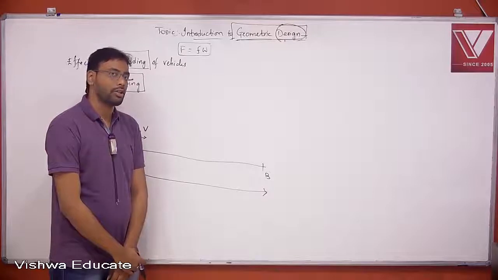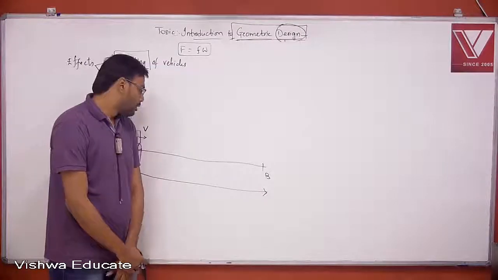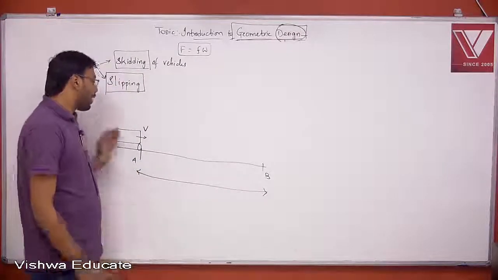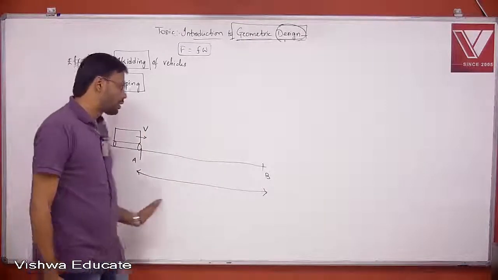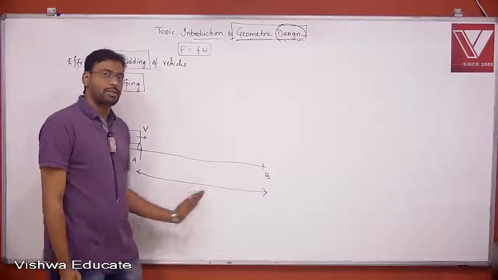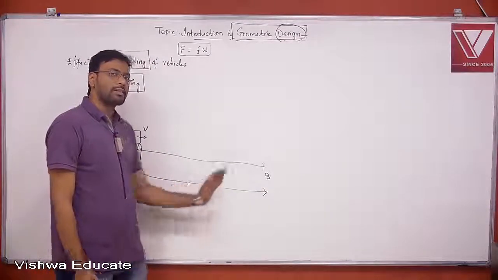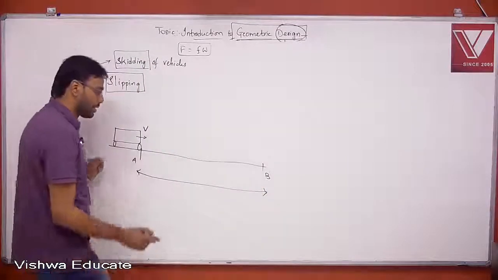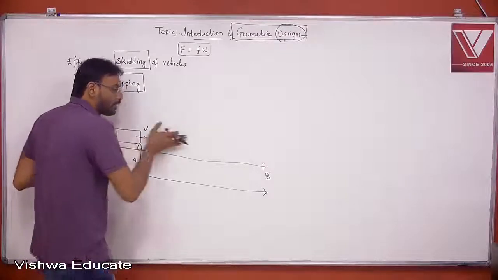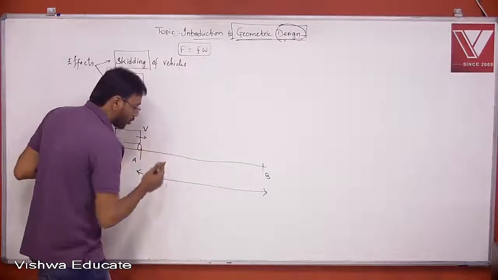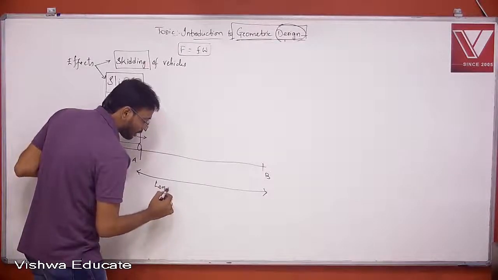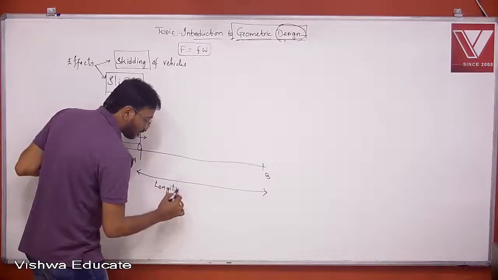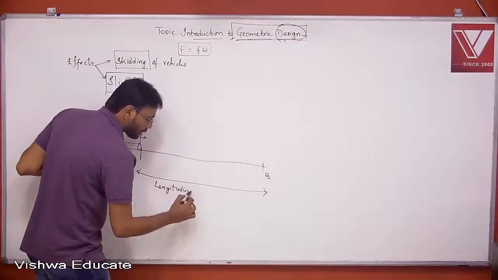It is always constant. As you are traveling in this direction, what can I call this AB as? This AB is called the longitudinal distance, because your vehicle is traveling in the longitudinal direction of the road. So this AB is always constant, and I call this the longitudinal distance.